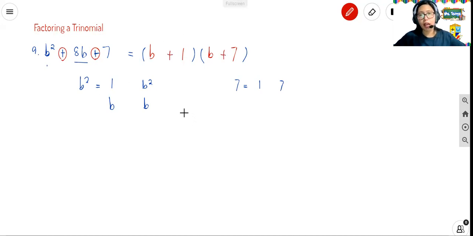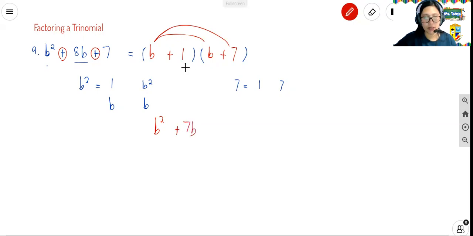And then I will multiply the two binomials and check if I can get the middle term. So b times b, that is b squared. B times 7, that is 7b. 1 times b is b, and 1 times 7 is 7.